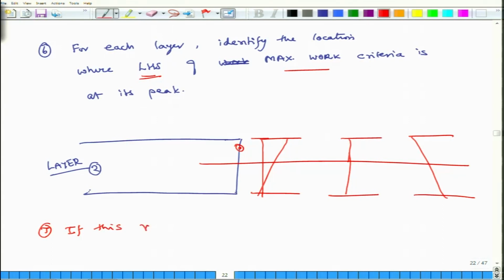and then if this value exceeds 1, then that layer will fail.